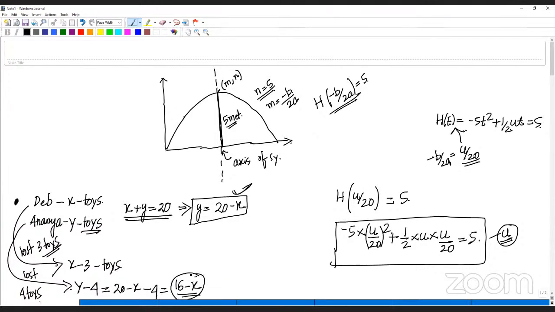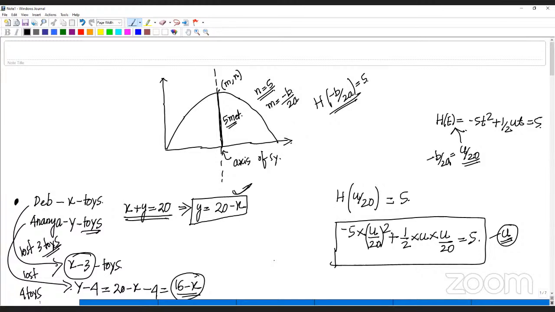Okay. So now, Deb has x minus 3 toys and Ananya has 16 minus x toys, right? And it's saying that the product of these two is 42. Then after this, I will get the x value. Clear, right? Yes, sir. Sir, I didn't get this.